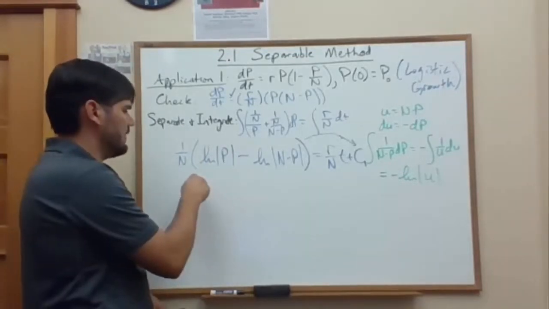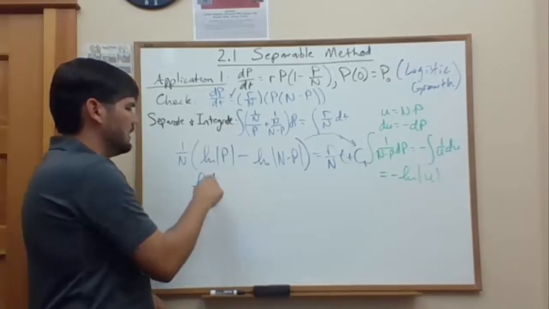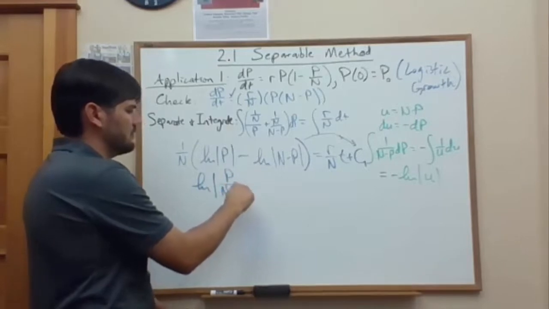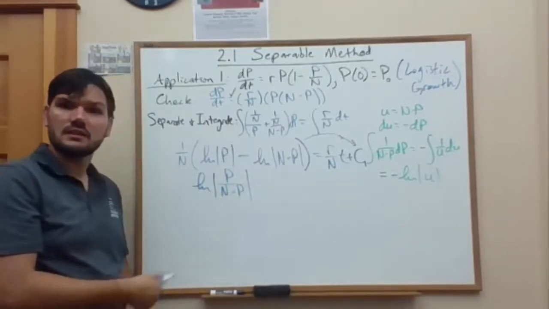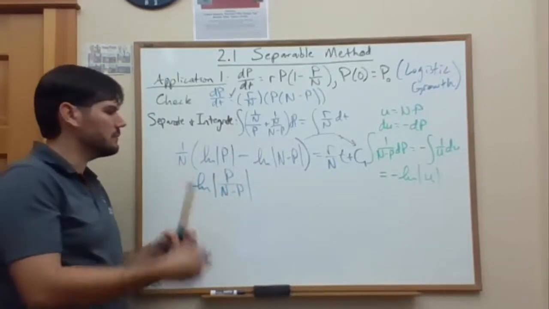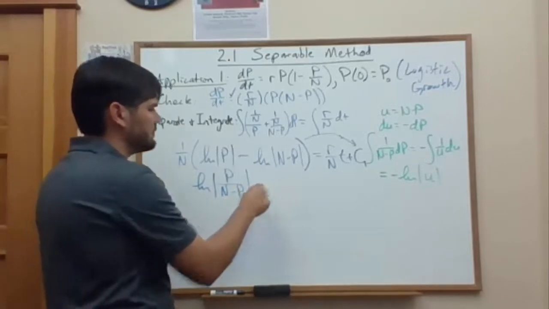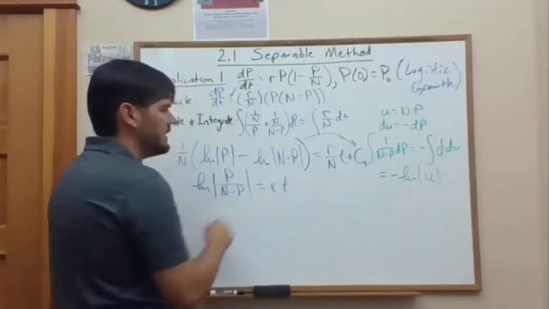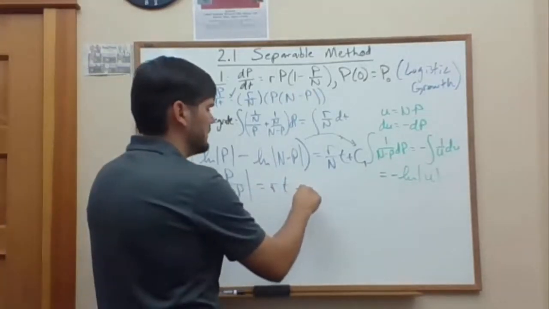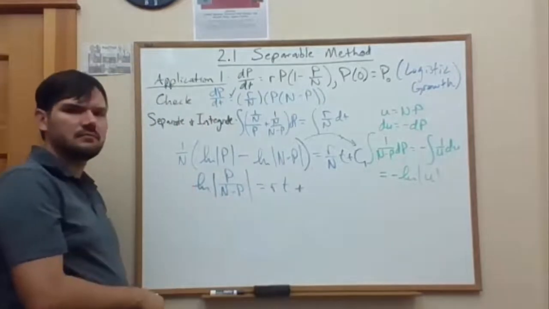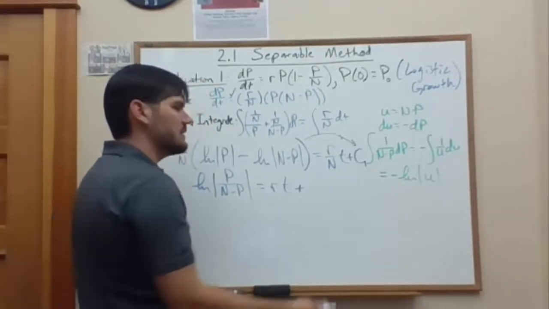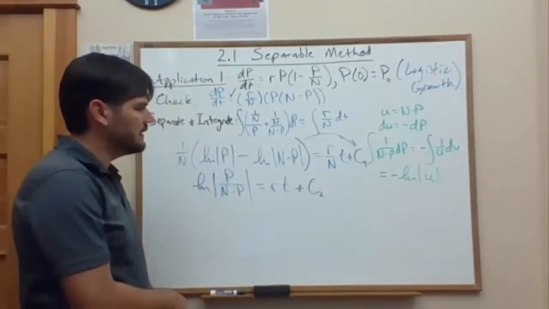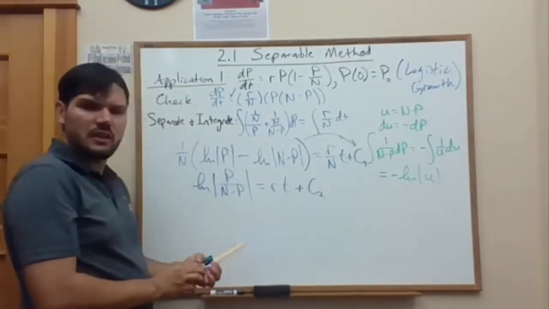So on the left, I have the log of, when we have a difference of two logs, we get a division of what's inside those logs. And since they're both an absolute value, I can bring them both inside the same absolute value. On the right-hand side, multiply by N, so I have r times t plus C1 times N. Now, C1 is an arbitrary constant, so C1 times N is a new arbitrary constant. We can play this game all day, can't we? And now I'm going to exponentiate both sides.